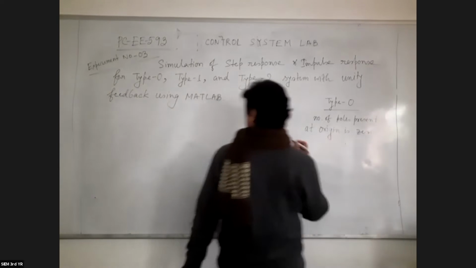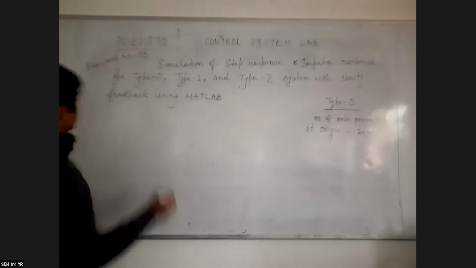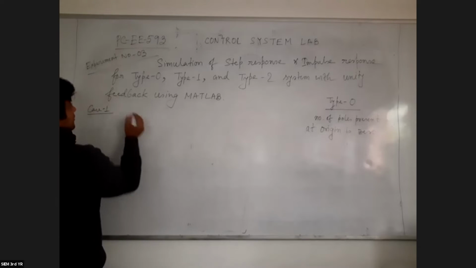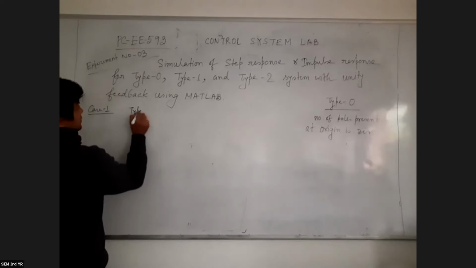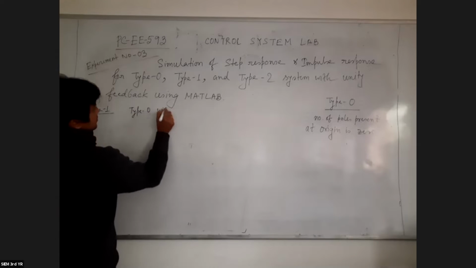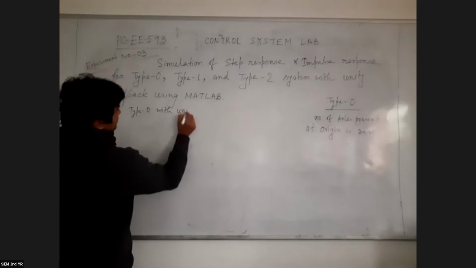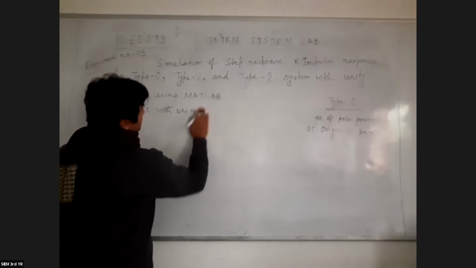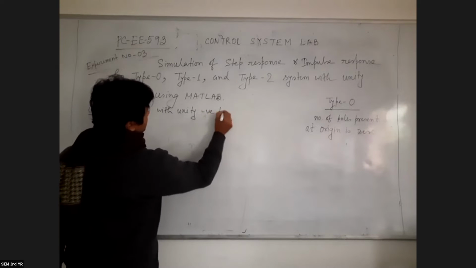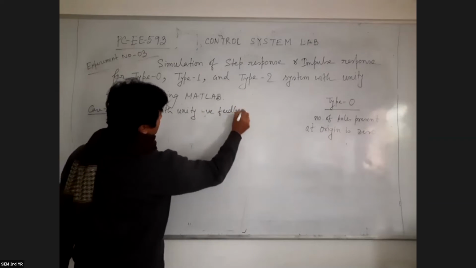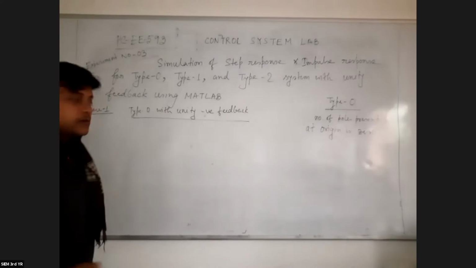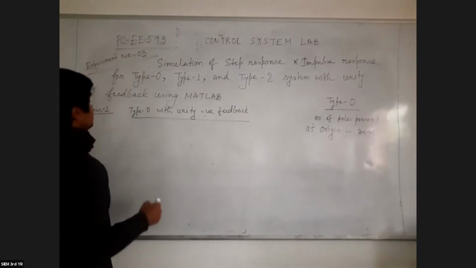That means, considering an example, the first one is type 0 with unity negative feedback.